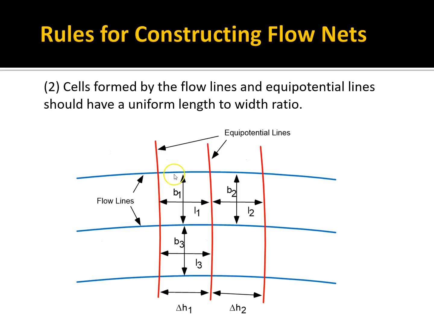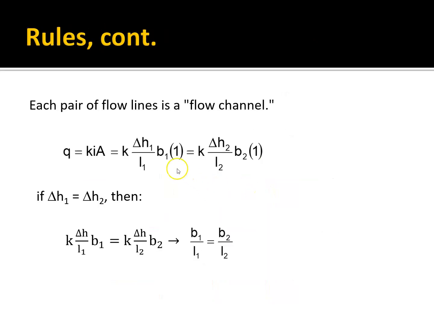Since they're in the same flow channel, you'll have the same amount of water flowing through each of those. And so we can set their Darcy's law KIA equal to each other.